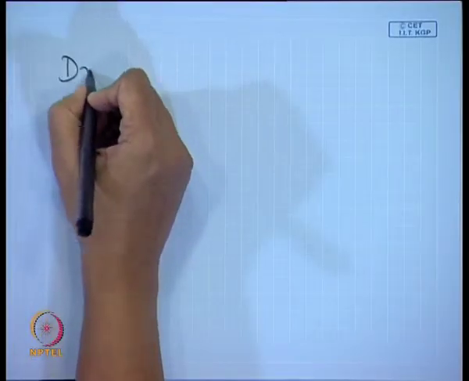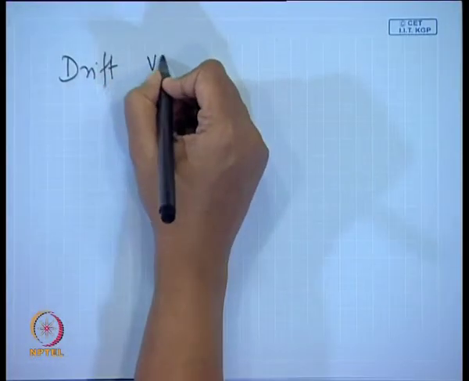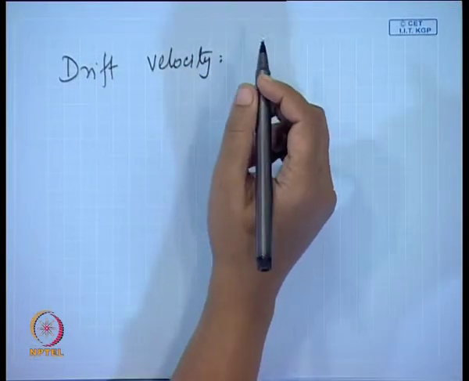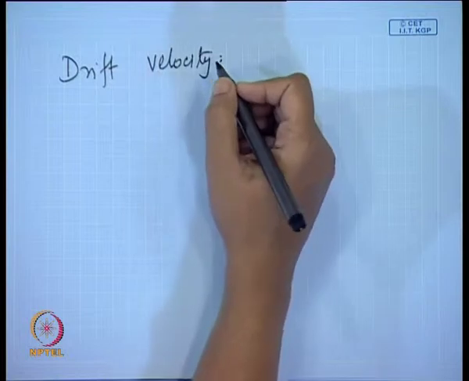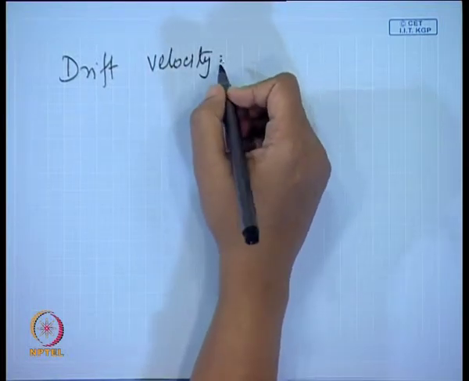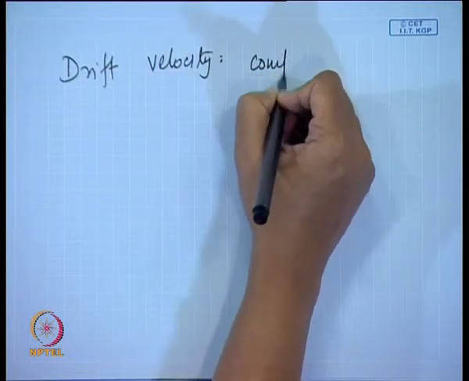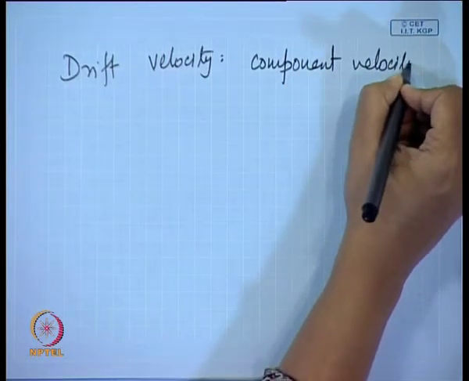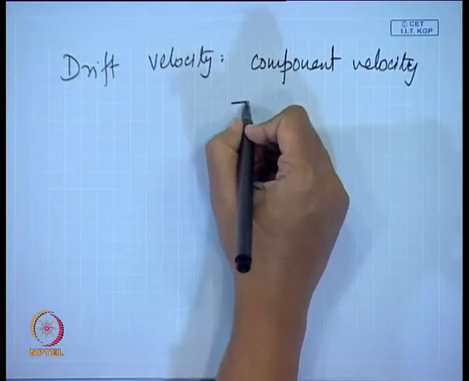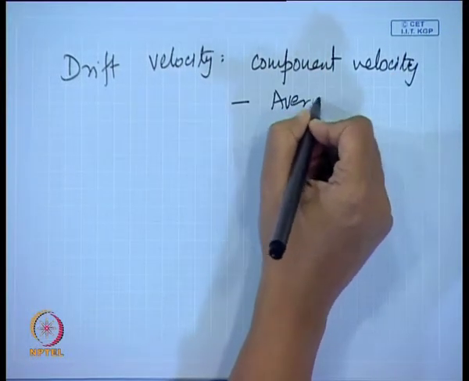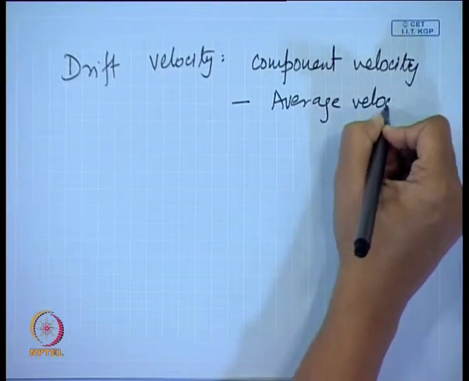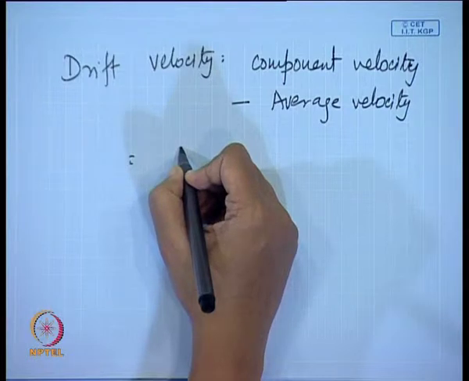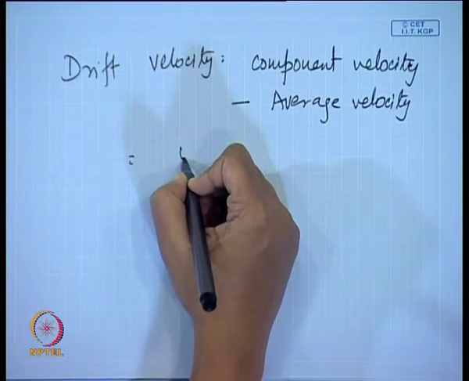Now, the drift velocity is nothing but the component velocity minus the average velocity.